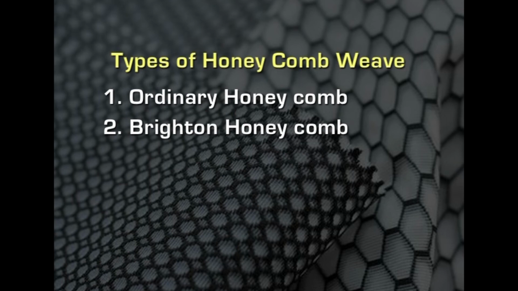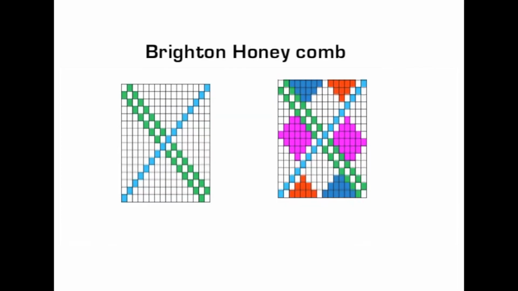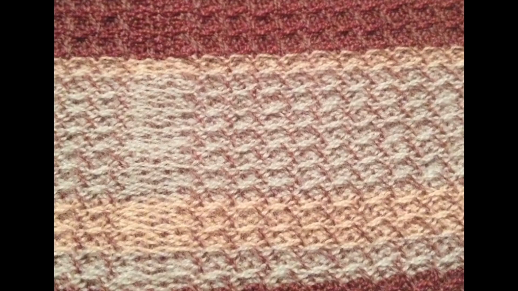Then coming to the second type of honeycomb, that is Brighton honeycomb. This is designed to produce more honeycombs of different sizes on the surface of the fabric. It is a type of fancy weave with a more decorative effect rather than a functional one.